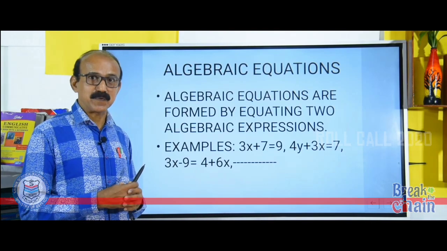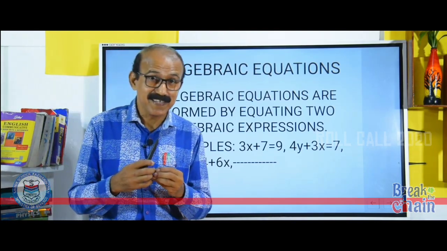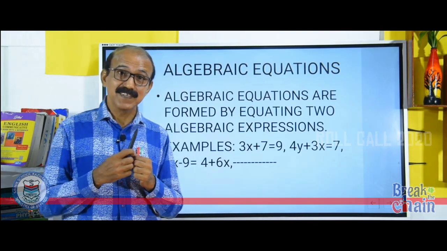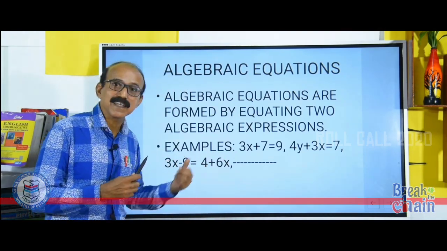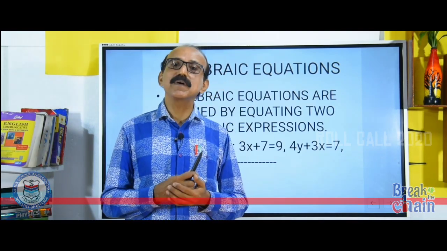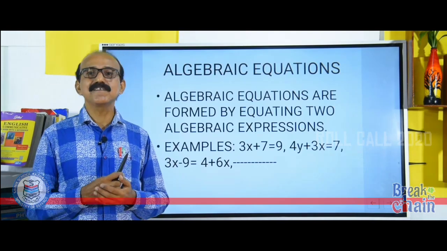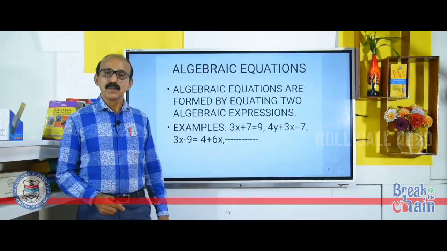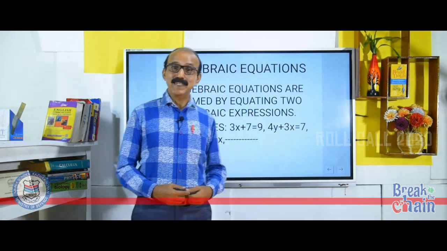So in this example we have equated two algebraic expressions having a common variable x and a few constants like 3, minus 9, 4, 6, etc. So either by equating two algebraic expressions or by equating an algebraic expression with a constant, algebraic equations can be formed. By this time we came to know about algebraic equations, but that is not the aim.